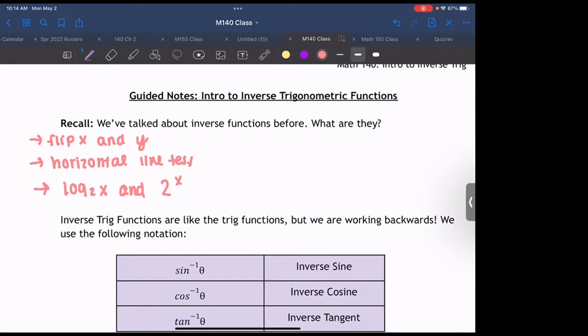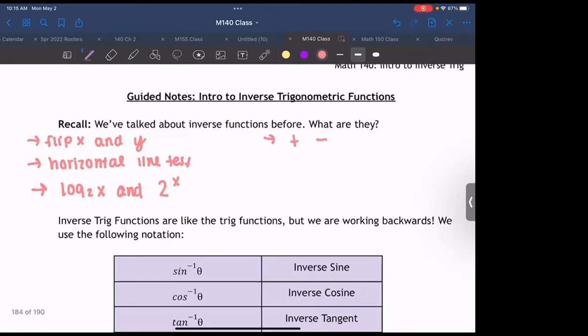And the reason they're inverses is because you could apply one to the other function and they cancel each other out, right? So if you saw log 2 in an equation, you could take 2 to the power of each side of the equation and they would cancel each other out. They're opposites of each other, right? Even more in general, remember inverse functions are just things that cancel each other out, like addition and subtraction, right?